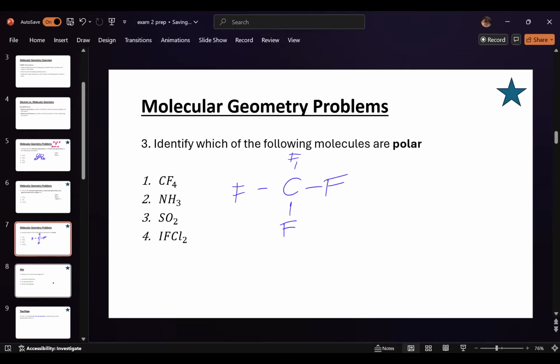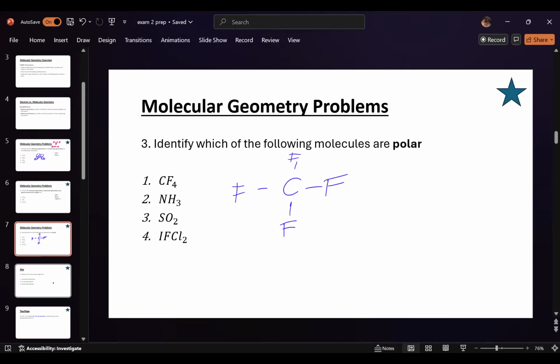Again, polarity means a difference in electronegativity, okay? So even though we are not giving electronegativity values, we can still make an estimate based on how electronegative something is compared to something else, okay? You will do this by looking at a periodic table.